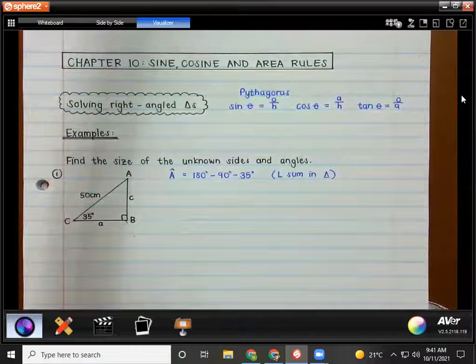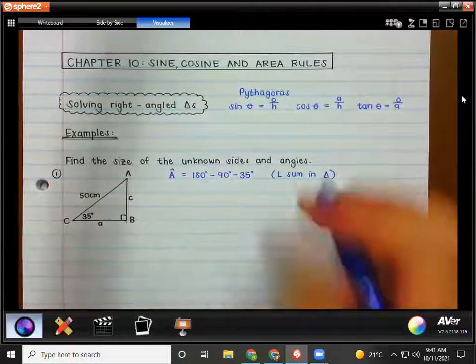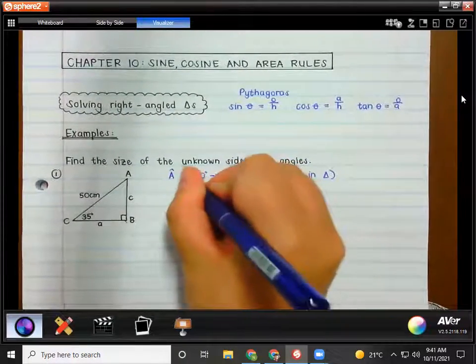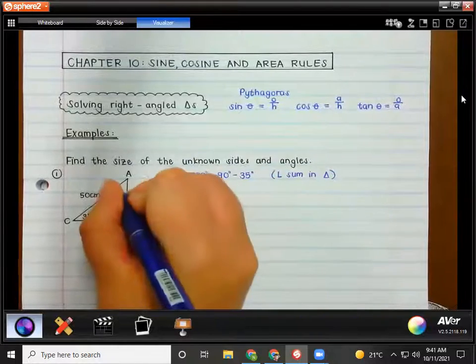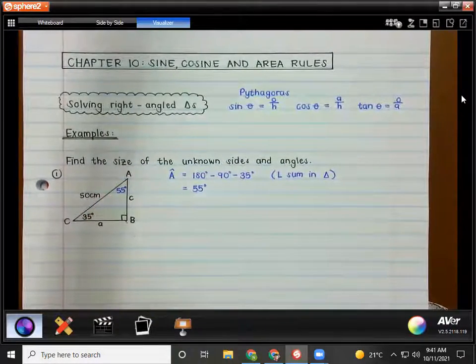What's 180 minus 90 minus 35? 55. You can use your calculator also, it doesn't matter. So A is 55 degrees. We can fill that in once we've calculated it. That's the first one done.